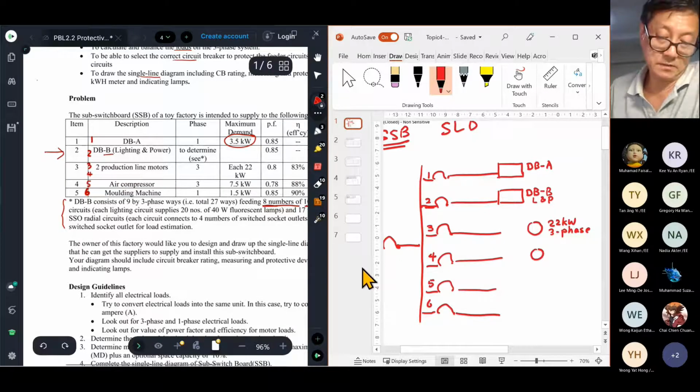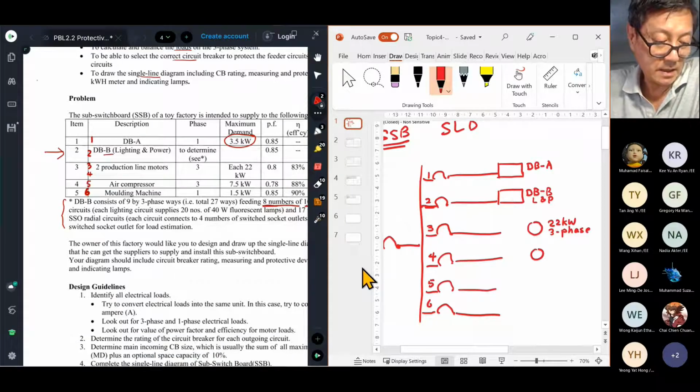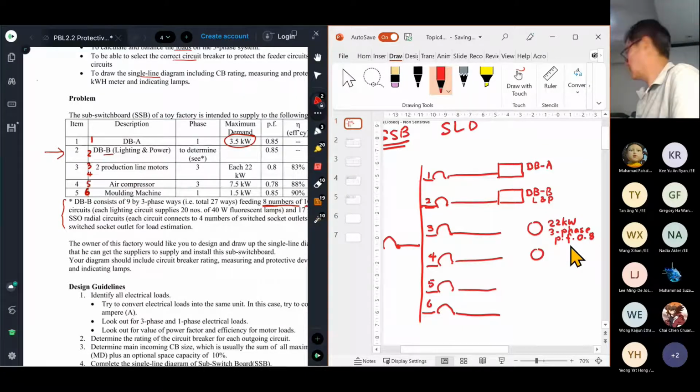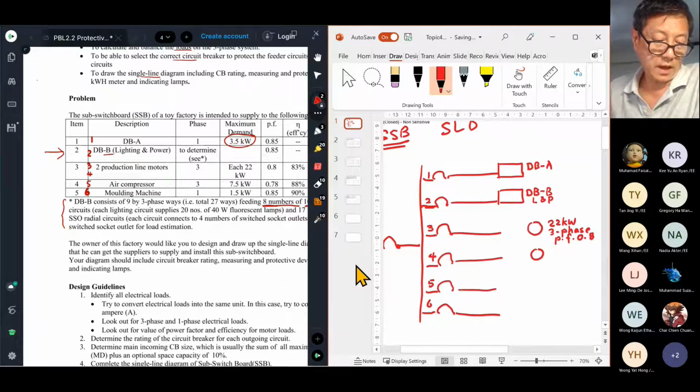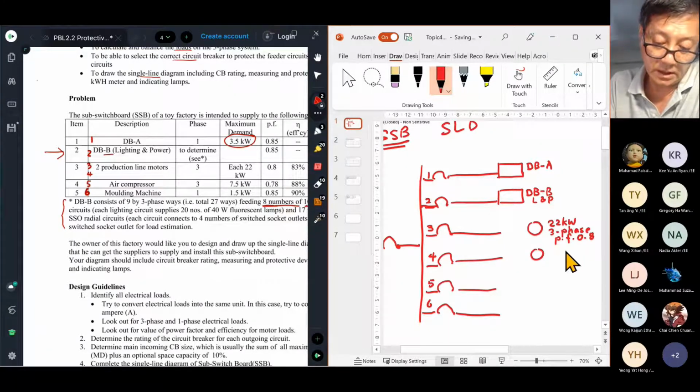Its power factor is 0.8. All this kind of thing you have to write down in your single line diagram. And lastly, efficiency is 0.83. So these 2 motors are the same.